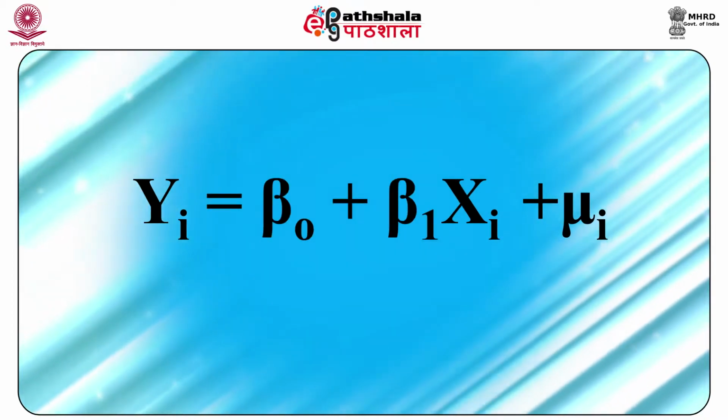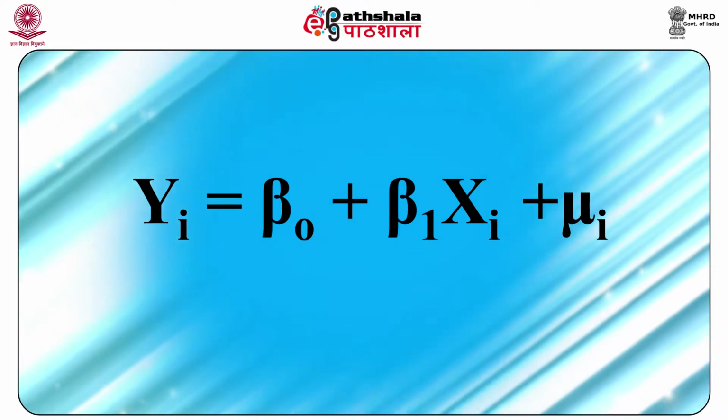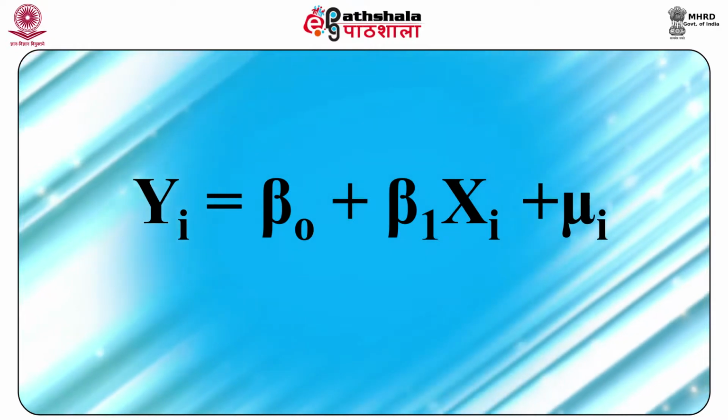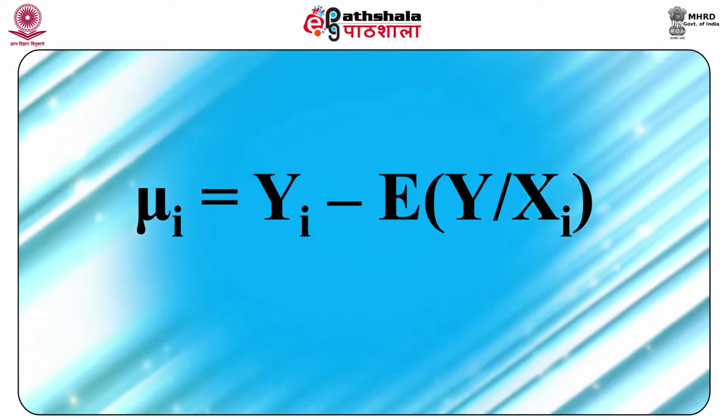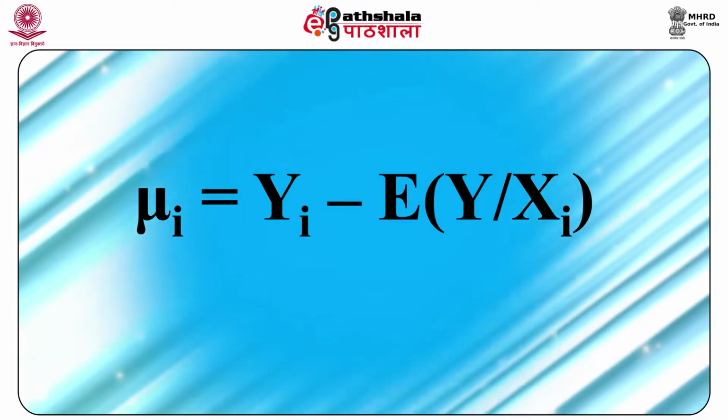Yi therefore is equal to beta 0 plus beta 1 xi plus mu i, where mu i is nothing but yi minus the expected value of y given xi. The error term is hence the deviation of the actual level of wages from its mean or expected level at a given value of x, that is years of education.